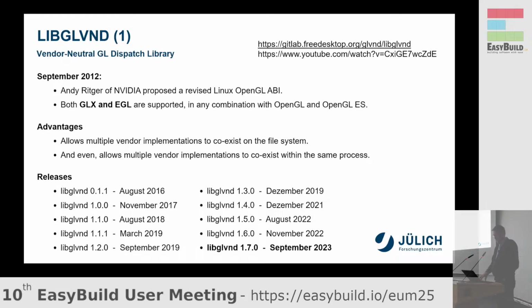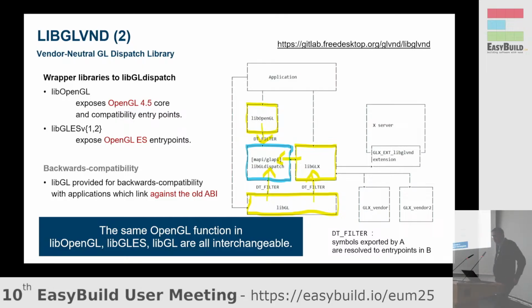We are now at libglvnd, the vendor-neutral dispatch library, from September 2023, and it's part of freedesktop.org, so it's kind of reliable stuff. So how does it work?